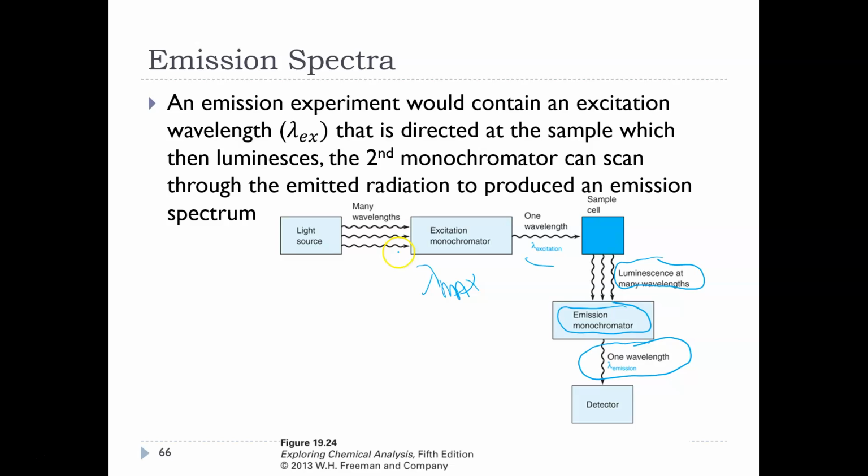Notice that there's a 90-degree angle right here, because there's going to be light that goes through the cuvette off to the other side, and we don't want to measure that. So it's going to be pointed at nothing. So there's a right angle, a 90-degree angle, to make sure that none of the light coming from the light source gets to the detector. We only want the light being released by the molecule getting to the detector.